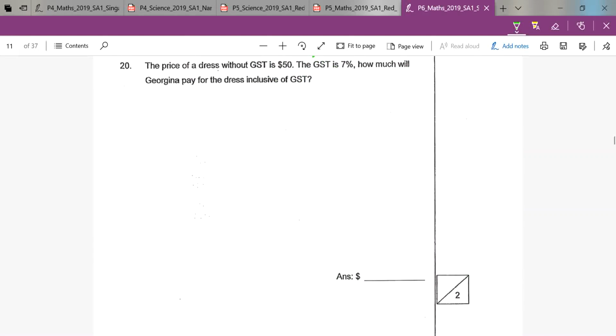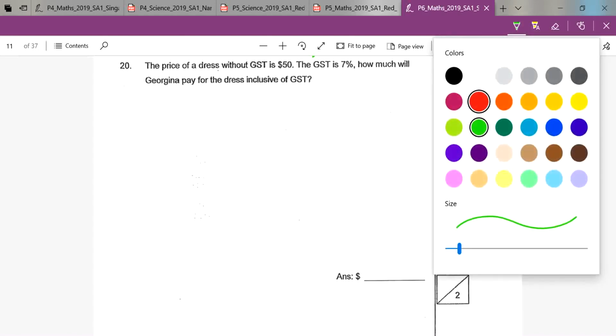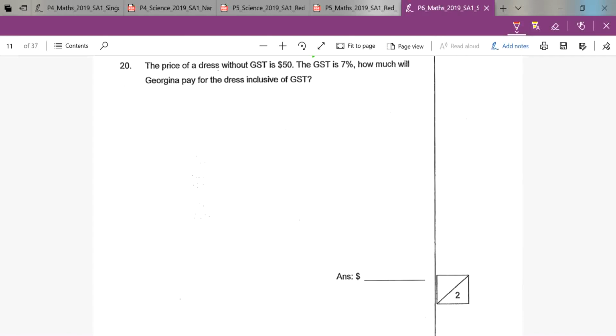Question 20. The price of a dress without GST is $50. The GST is 7%. How much will Georgina pay for the dress inclusive of GST? So you're going to have $50 times 107% out of 100%, which, if you're familiar enough, you should be writing 1.07.